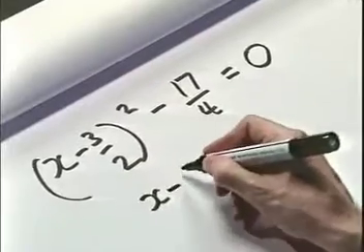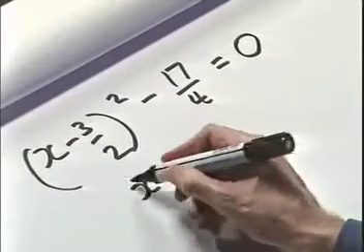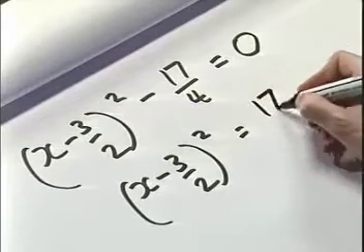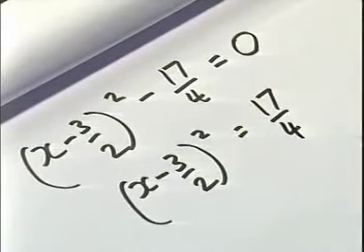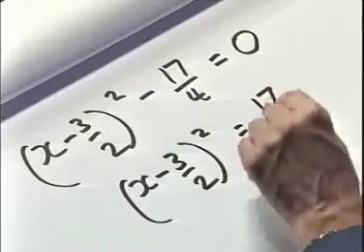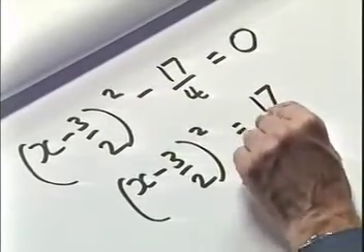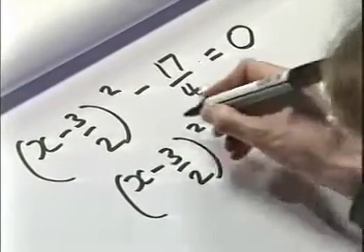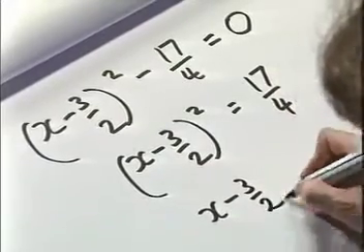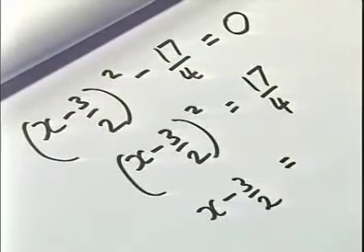So we'll have x minus 3 over 2 all squared is equal to 17 over 4. And now I'm going to take the square root of both sides, remembering that I must get plus or minus at this side. So the square root of this will be x minus 3 over 2 equals.